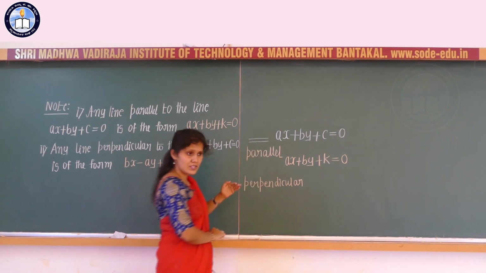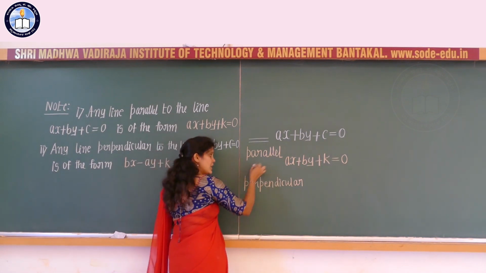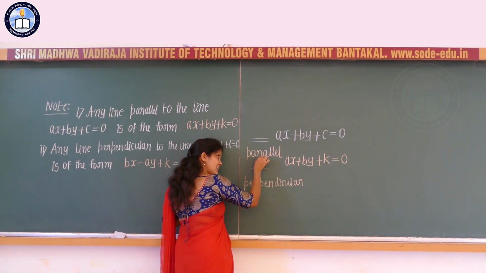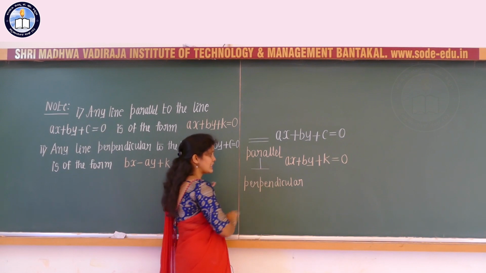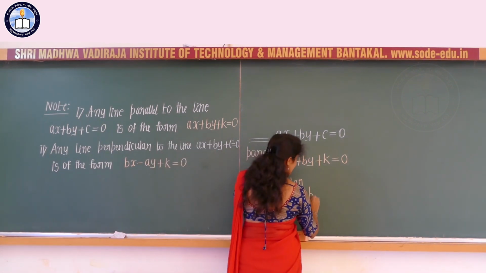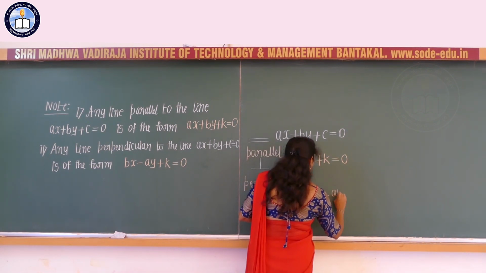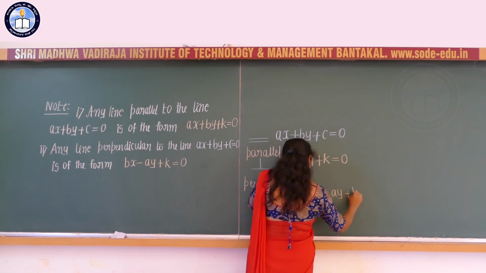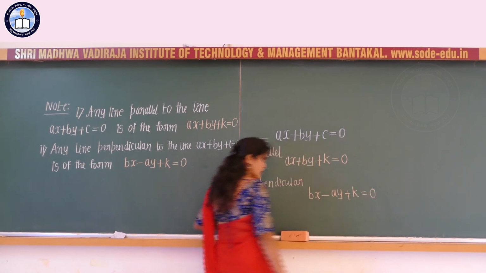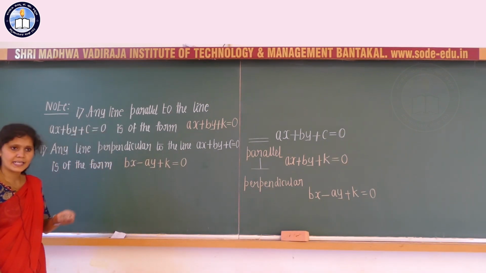Perpendicular means, if this is the given line, any line which is perpendicular to the given line is present in the formula b into x minus a into y plus the constant k is equal to 0. That is, bx minus ay plus constant k equal to 0.